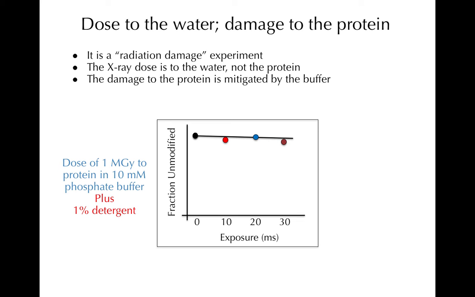If we then change the buffer conditions by adding, say, detergent or glycerol, any kind of radical scavenger, we can be hitting the solution with the same amount of X-rays, and suddenly we see no modification. And so this is because the hydroxyl radical effectively mitigates the X-ray dose to the protein.